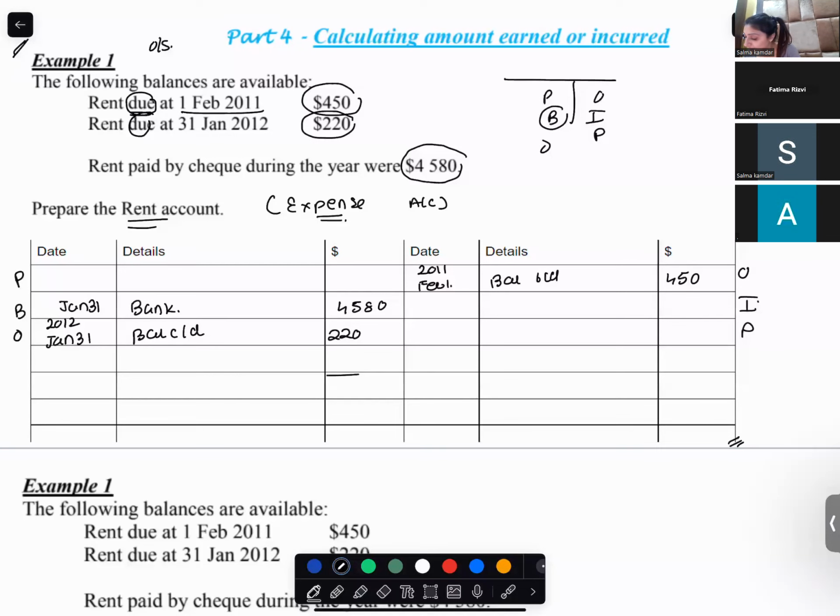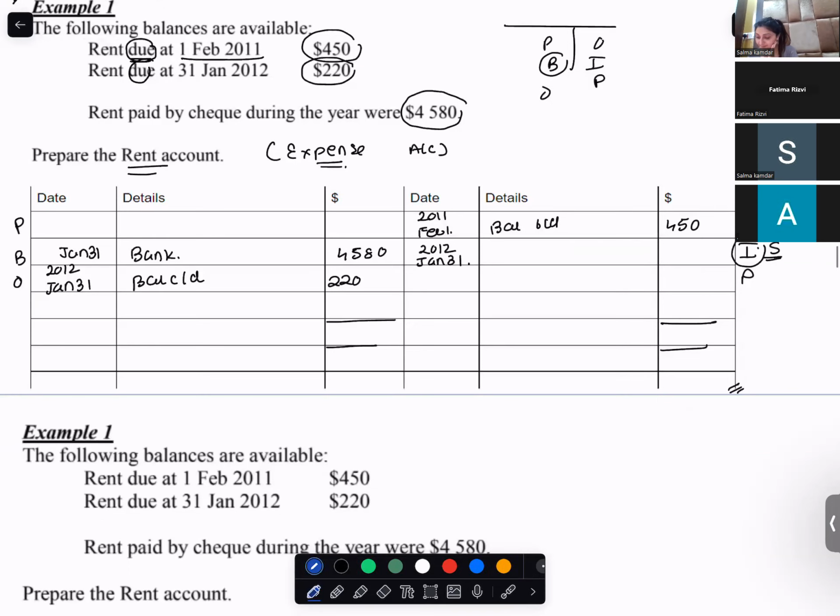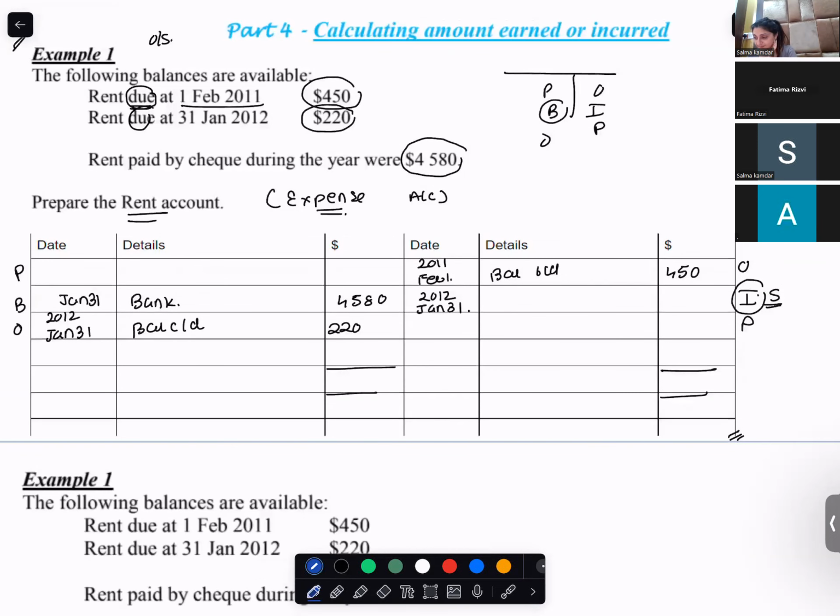Now I'll close the account. What will I get as my balancing figure? What I get as my balancing figure is the income statement, which will be on the last date, 2012 Jan 31. Mahad, can you help us with the closing, please? Yes, miss. We'll add the things on the debit side, which amounts to 4,800.